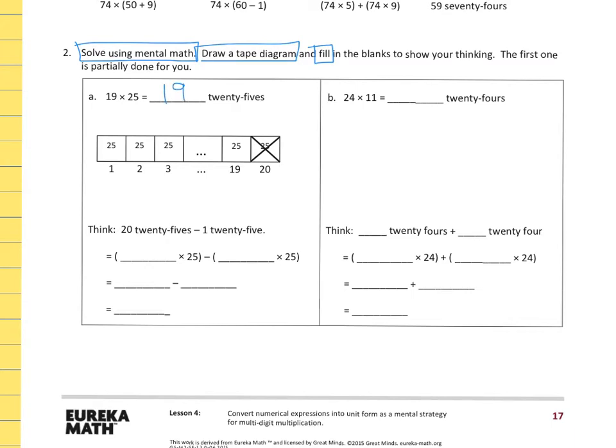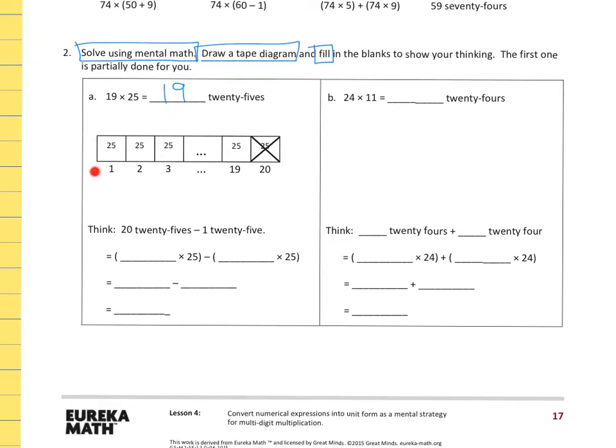Now with the mental math, what we want to do is play around with numbers. Let's say, what if I raise this up to be 20 25s, or 20 times 25? And then I found the answer, and then I could take away a 25 to show 19 25s.